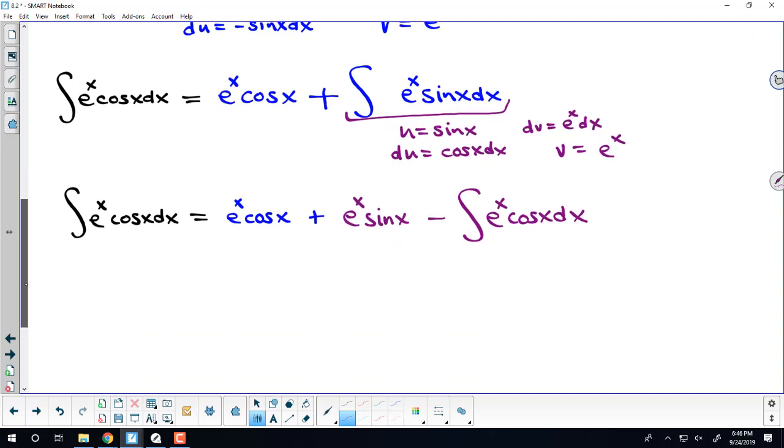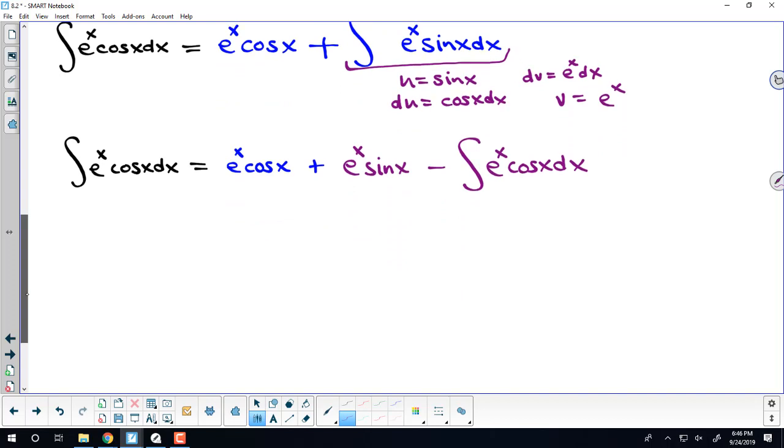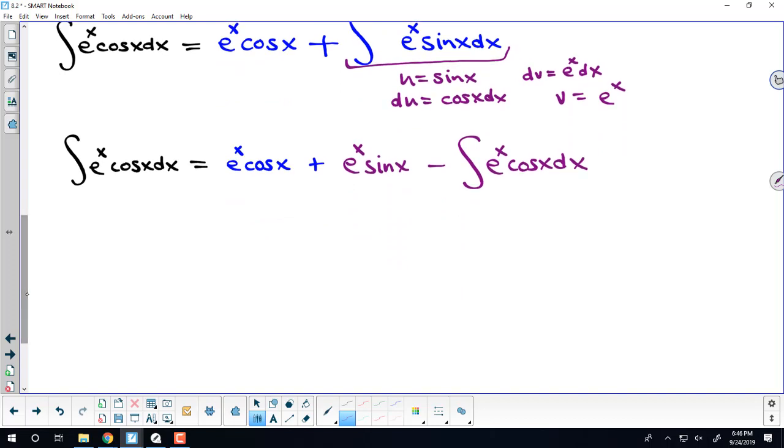So when you recognize that, you've just got to solve for this integral. I've got this minus e to the x cosine x integral over here, and I'm just going to add that to both sides, like an algebraic equation I'm solving for.